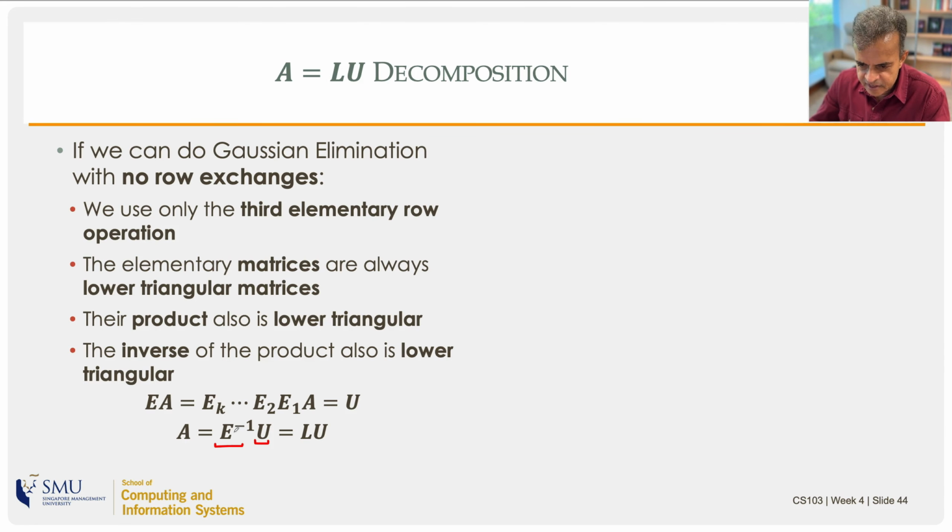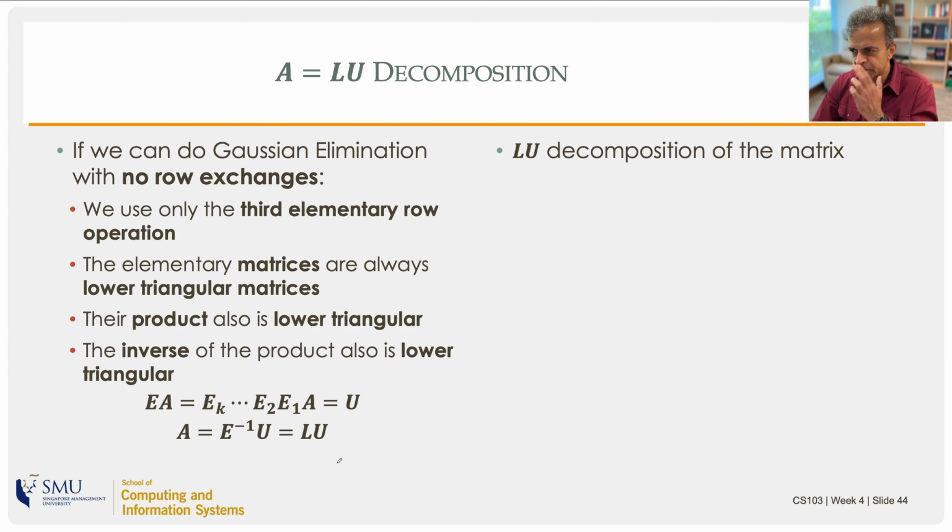And since the inverse of the elementary matrices of the third kind, the third row operations, is a lower triangular matrix, so that becomes a lower triangular matrix L, and REF is an upper triangular matrix U. So A has been written as product of 2 matrices L and U. So this is the LU decomposition of the matrix.